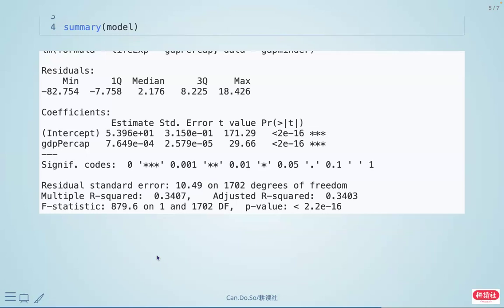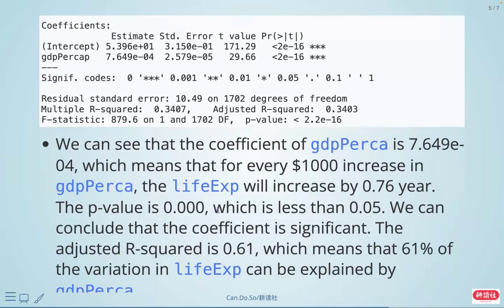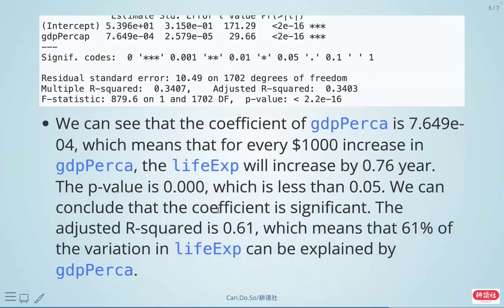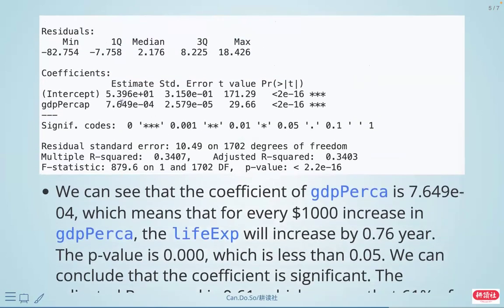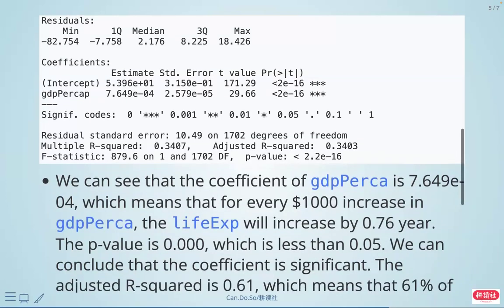If it's a $1,000 increase, we multiply this by 1,000, and it becomes 0.76 years. That's more than half a year, more than three-quarters of a year. So that's quite big, I think.